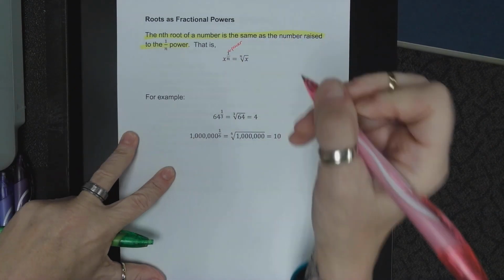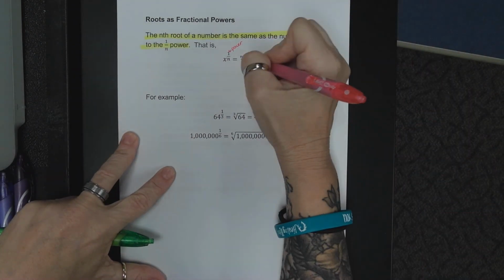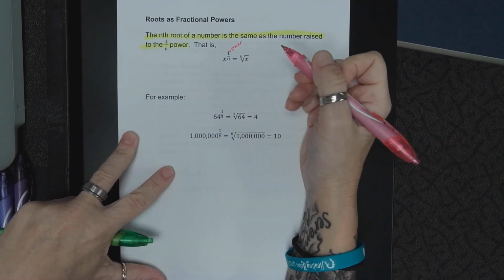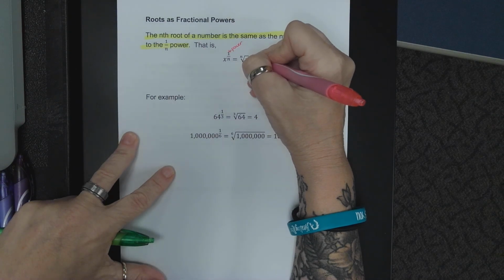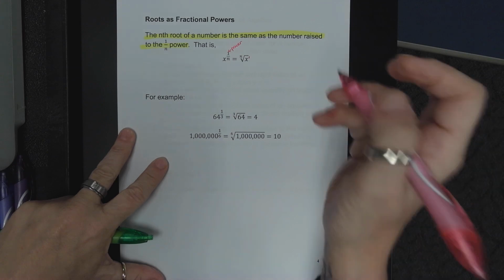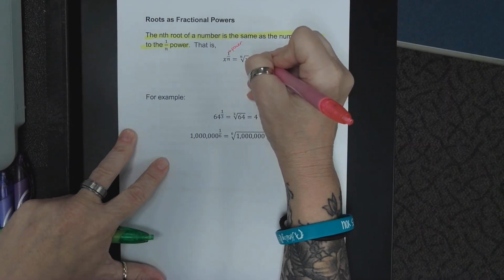Remember, any number raised to the power of 1 is always itself. So the fact that this is just an x means that there is a little implied 1 right here. Remember, mathematicians are lazy. So if we don't have to write it, we don't. But this 1 is also our power.